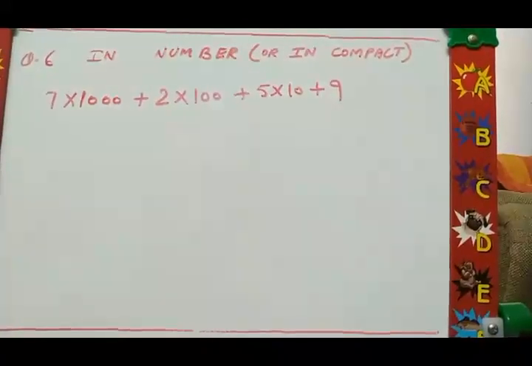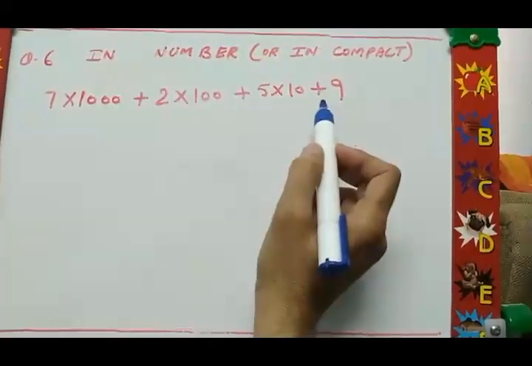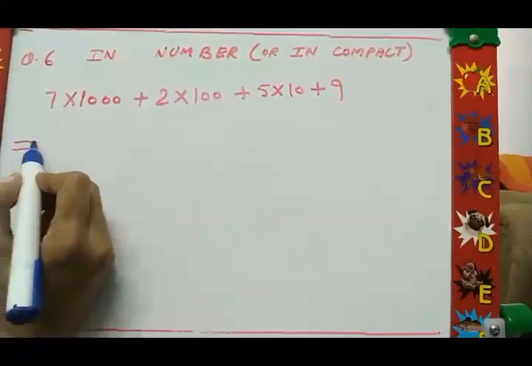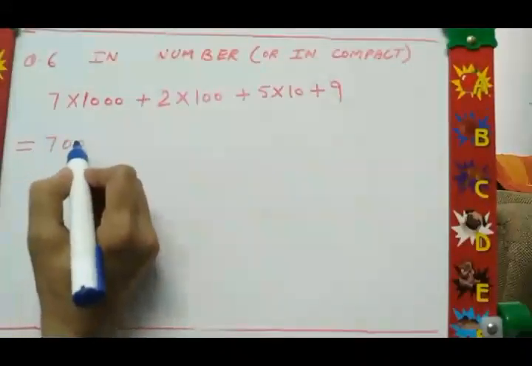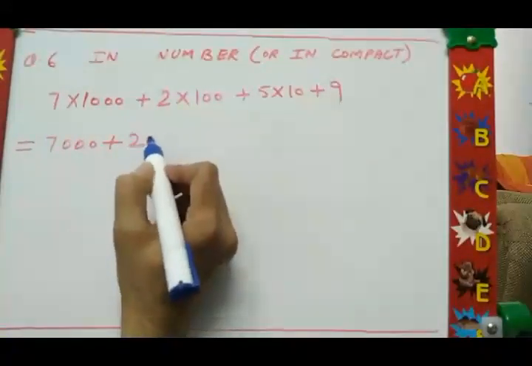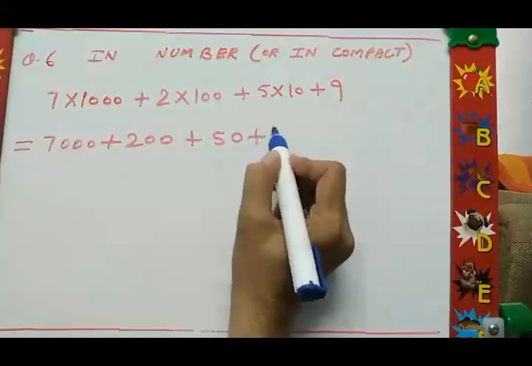Moving on, question number 6. In question number 6 you will write in number or compact form. This is the expanded form given, that is 7 into 1000 plus 2 into 100 plus 5 into 10 plus 9. So first of all we will multiply 7 into 1000, we get 7000 plus, after multiplying here we get 200 plus here we get 50 plus 9.